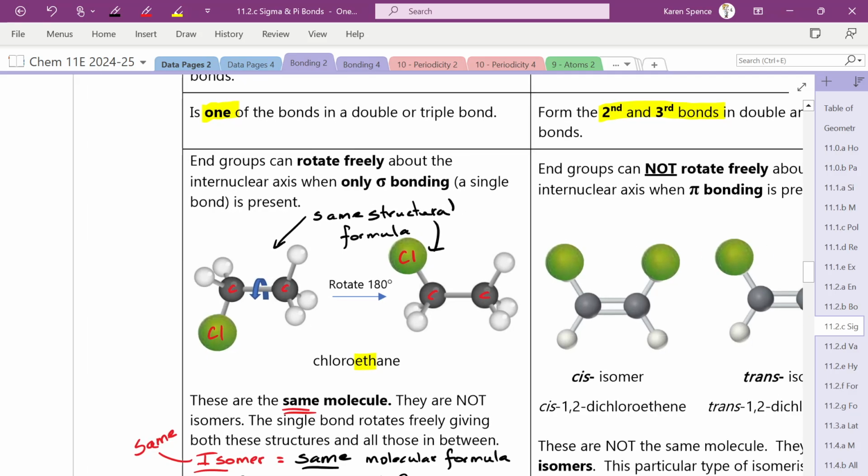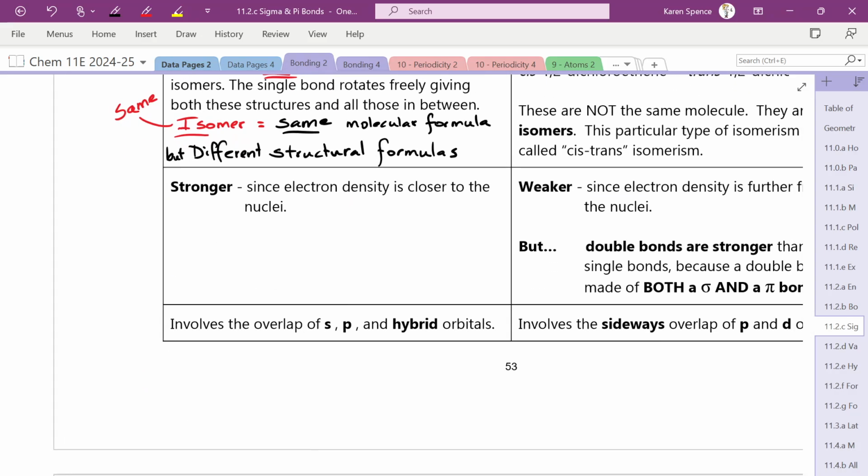So let's say I have C, H, H, H, C, and I'm going to put my fluorine here. What is on the rest of all of those? Those are H's. Do I need to draw all the H's or are you good? We're good? Okay. So I could have my F there.